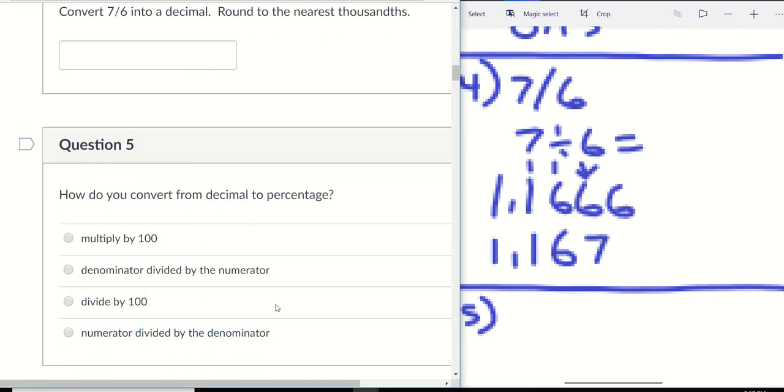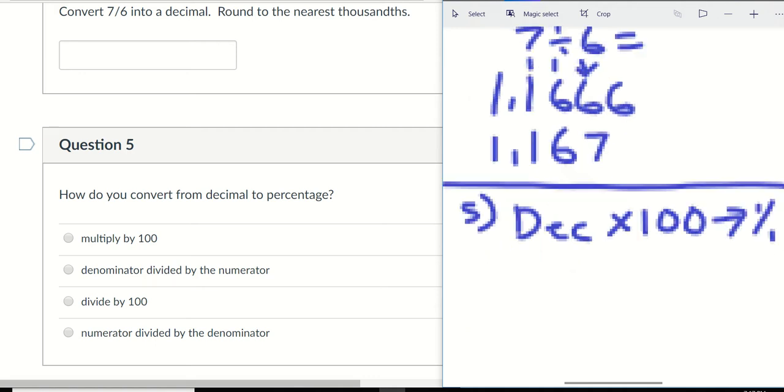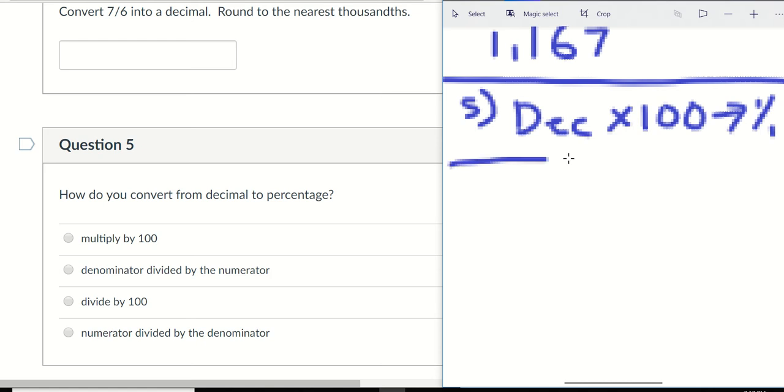Number 5. How do you convert from decimal to percentage? Times 100 will give you percent. So for percentage, don't put the percent symbol. You just need the numerical value in your answer box.